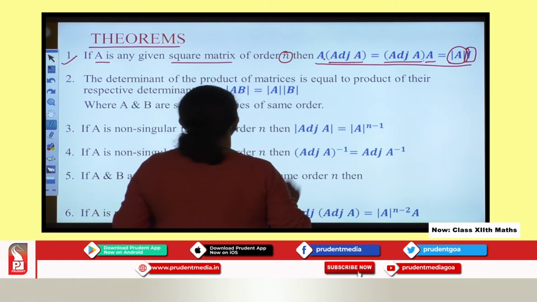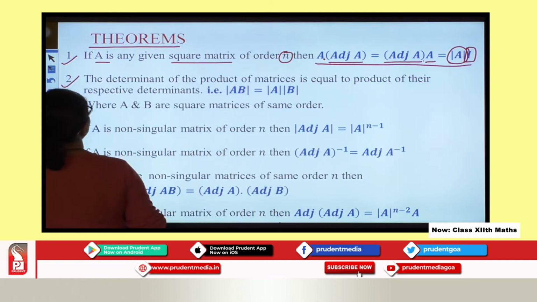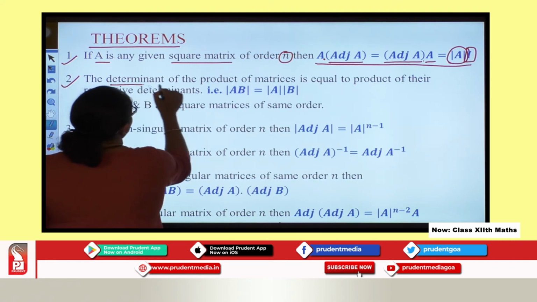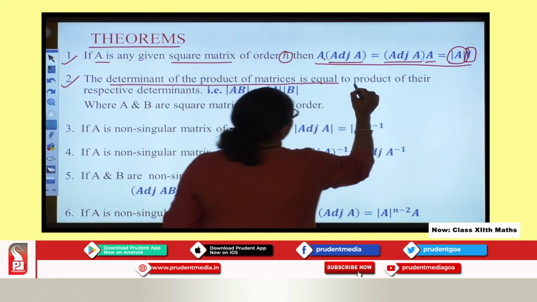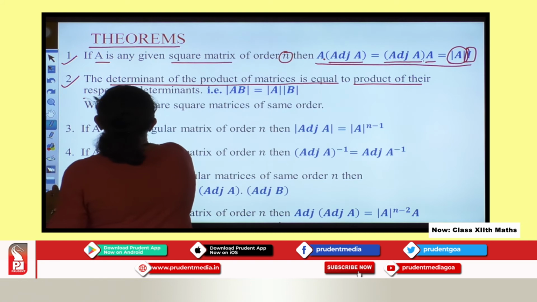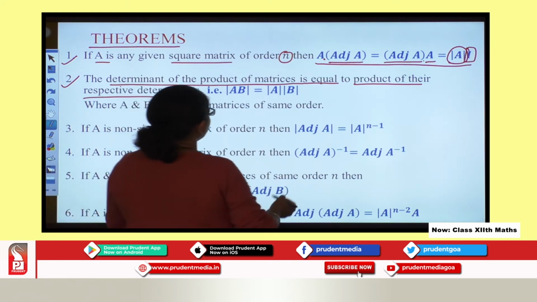Okay, so remember this. The second theorem what you have over here, that is the determinant of the product of matrices is equal to the product of respective determinants. What does it mean?